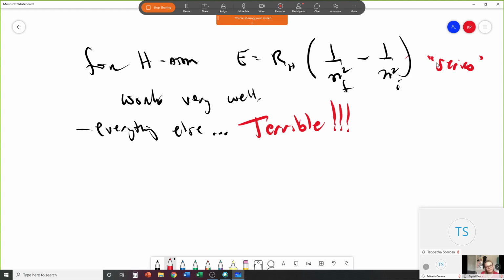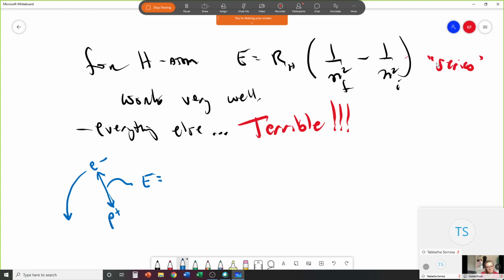Now, why does it fit so well? Why does it work so well for hydrogen and not for everything else? Well, look at hydrogen. What is hydrogen? Hydrogen is a proton with an electron whizzing around it, right? You can calculate the attraction here. The energy is very well known.